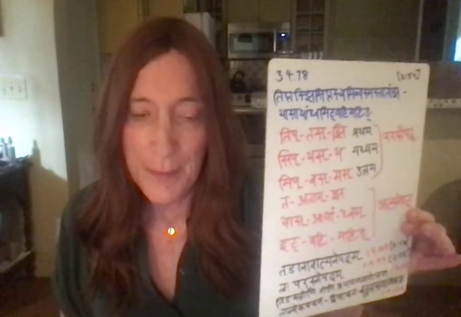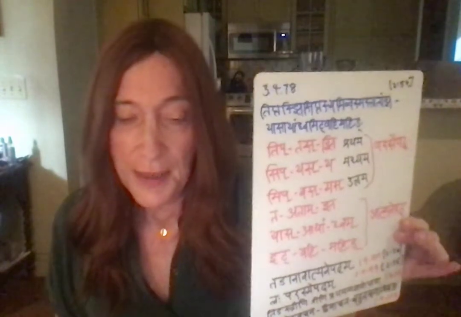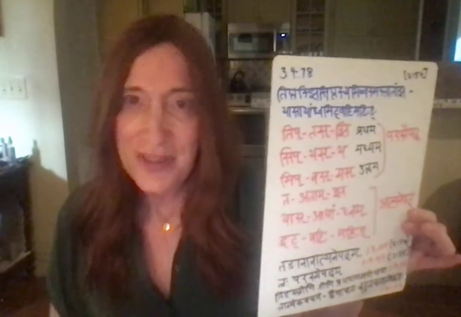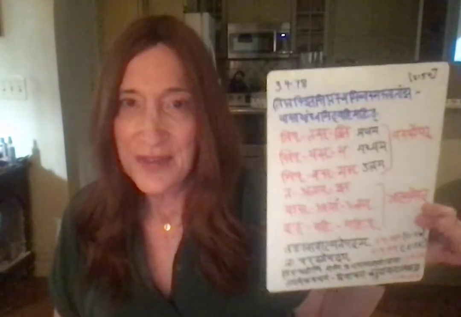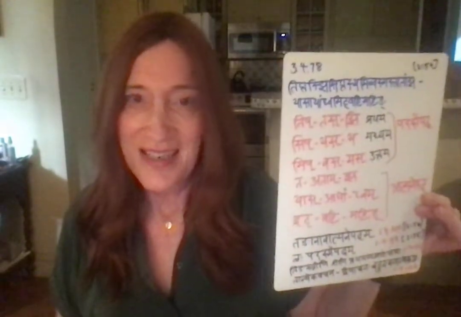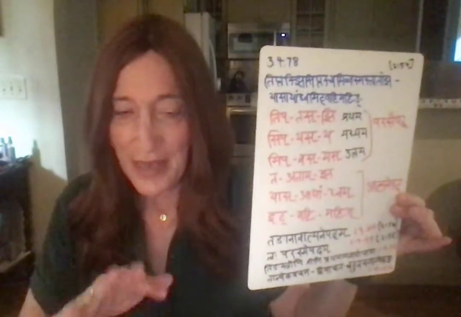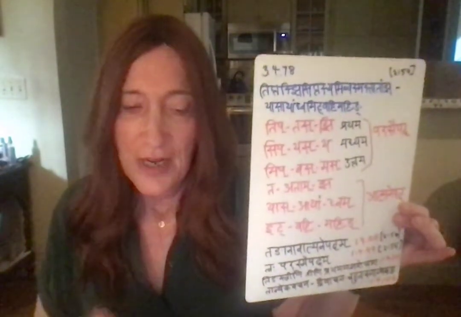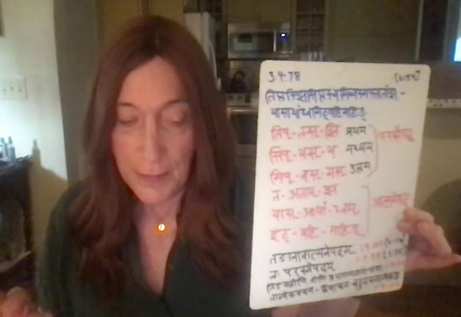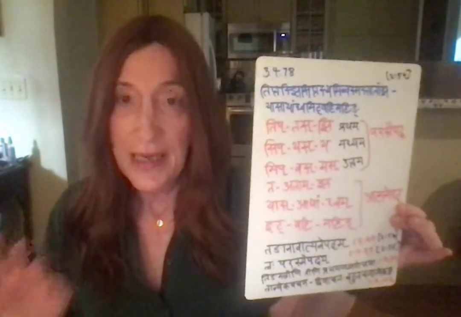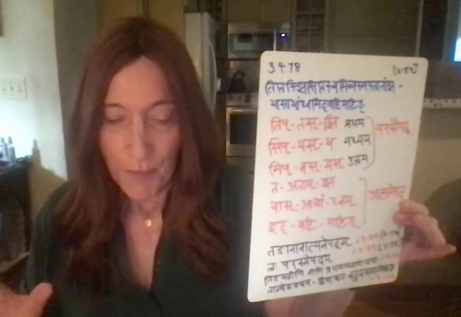Then we have mip, vas, mas. Now, there are a lot of words that seem very complex, and certainly in Western grammars that doesn't make it any more straightforward. And then after that we have ta atam jha, thas athaam dhvam, it vahi mahing.